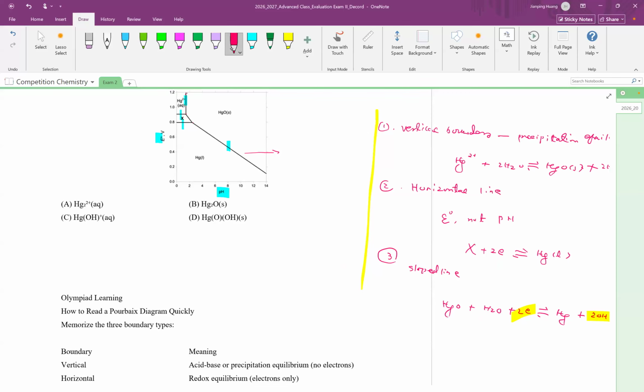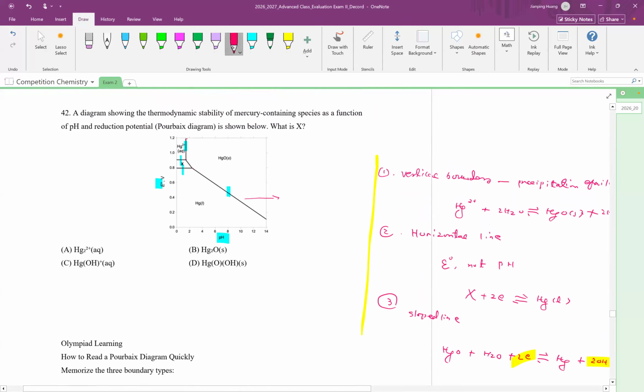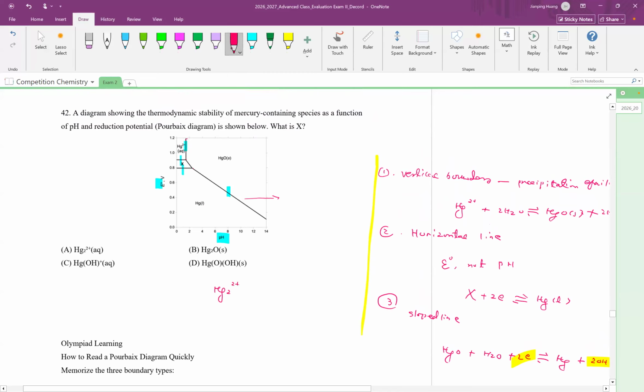Now look at which species fit between this one and this one. Which one fits? And that one, you know this one, right? You form a metallic bond.